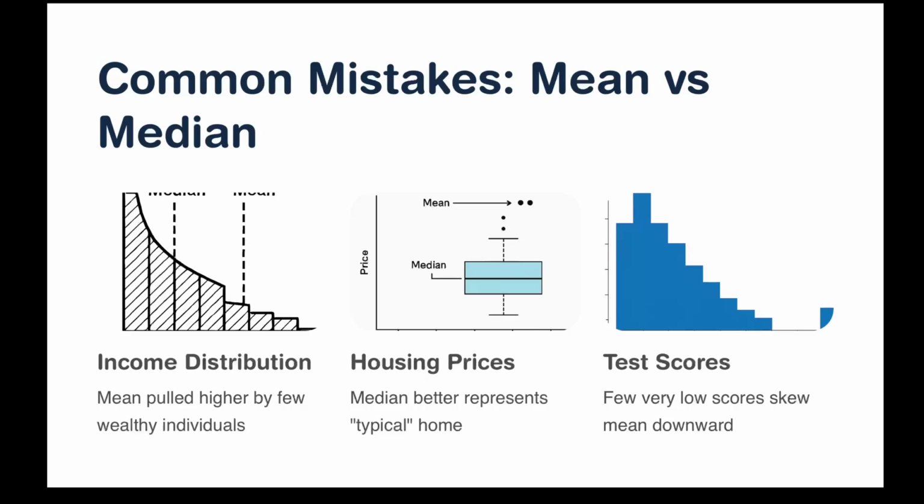Common mistakes which researchers and clinicians usually make: in income distribution, the mean is pulled higher by a few wealthy individuals, and the median better represents a typical home. With test scores, very low scores skew the mean downwards, obviously. So outliers will affect the mean.